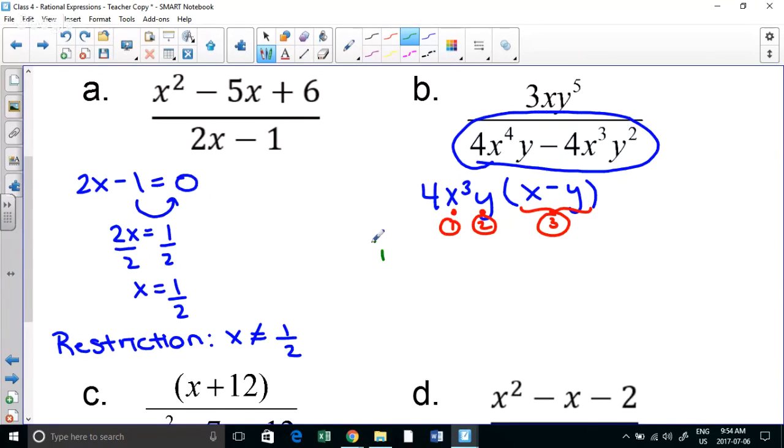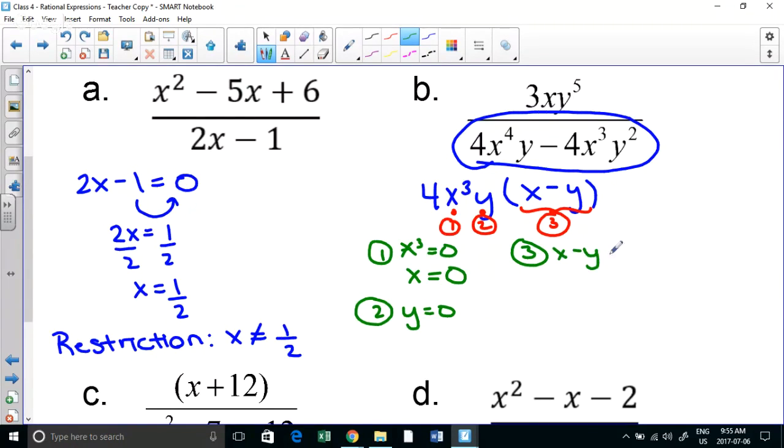So factor 1, x cubed equals 0. So x is 0. That's how I solve. Number 2, I set the second factor equal to 0, so y equals 0. And 3, x minus y is equal to 0, which means that x is the same as y.